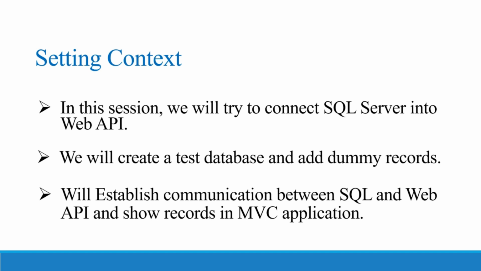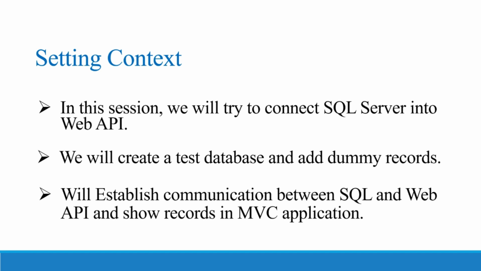For that, we will create a test database and a table, and we will add a few dummy records. These records are the same which we used in the last videos. Once we are done with this, we will establish communication between SQL and Web API, and at last we will show all the records in the MVC application.